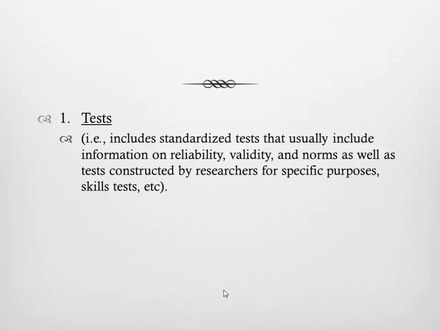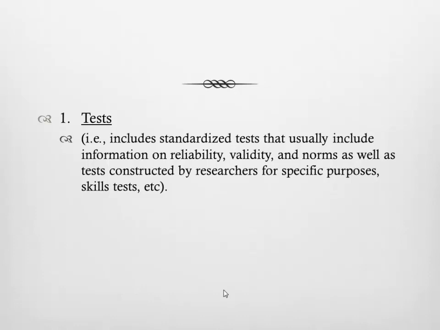So to review the 6 methods, the first is tests, and we've talked about the issues associated with testing previously in this semester, but questions include, should you use a standardized test? That has the benefit of usually including information on reliability, validity, norm samples, and so on, test construction in the manual for a standardized test.